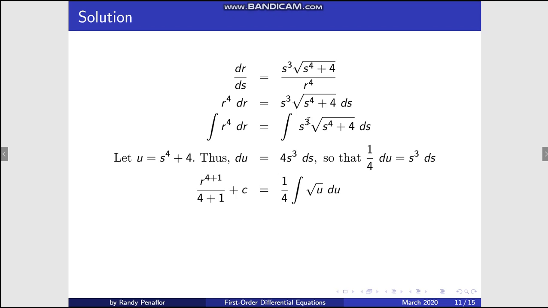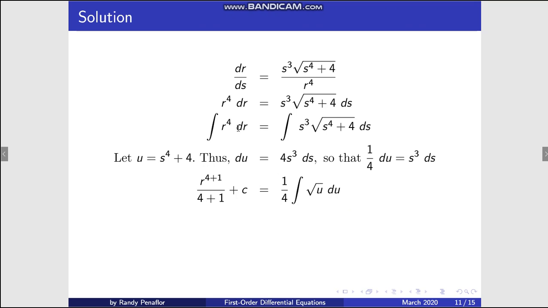Now this s cubed ds can be replaced by 1/4 du, and this square root of s to the 4th plus 4 can be replaced by square root of u. Introducing this 1/4 before the integral sign, we get 1/4 times the integral of the square root of u du.